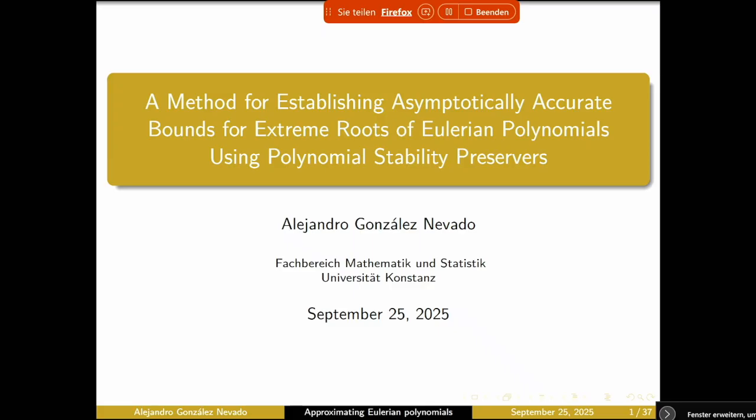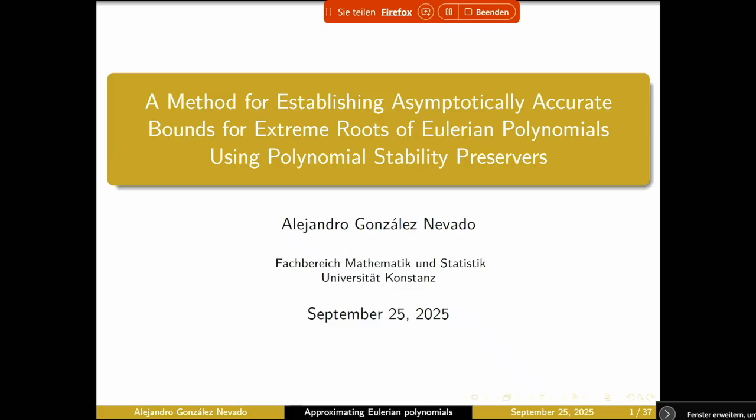Okay. So let's start. As you can see, the title is actually quite descriptive if you know what everything means. Once you know that, you know a lot already. So we are going to study some method to find bounds of the extreme roots, and say how much accuracy we can expect asymptotically.